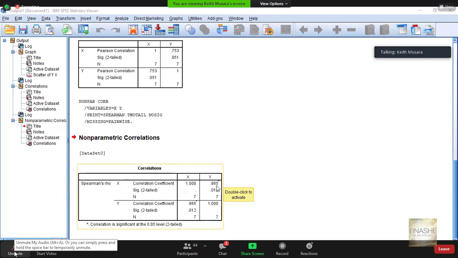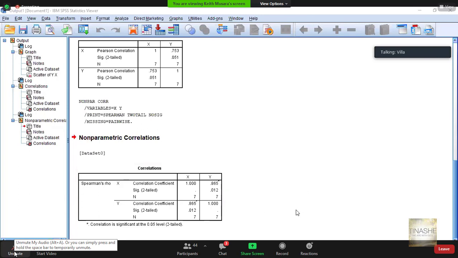Then now you write the hypothesis again. If you want to test whether that Spearman's correlation is statistically significant, your hypothesis will be rho subscript S is equal to 0. That subscript S stands for Spearman, and the alternate is rho S is not equal to 0.